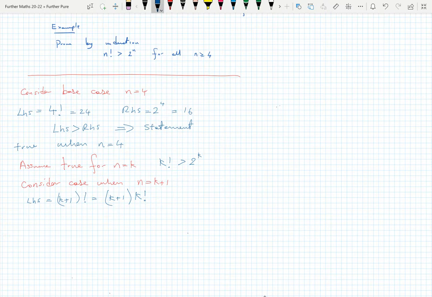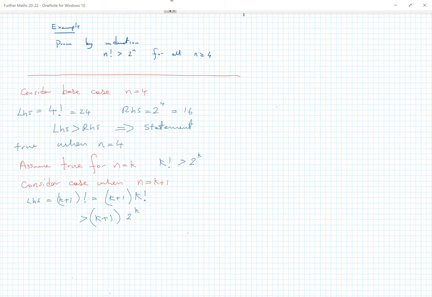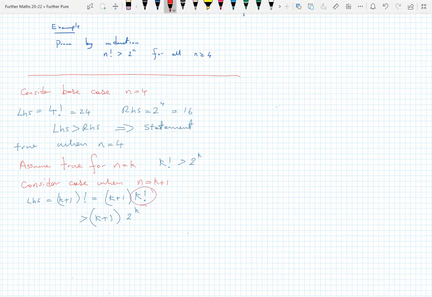So we can say that that is greater than k plus 1 times 2 to the k. That's where the assumption comes in.